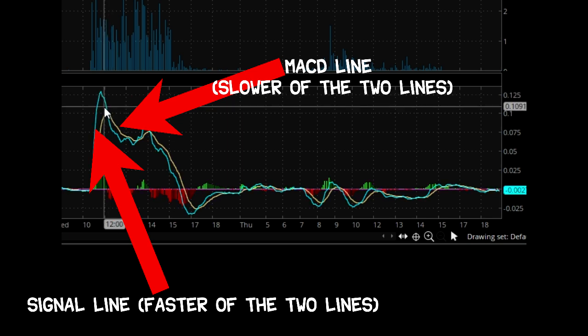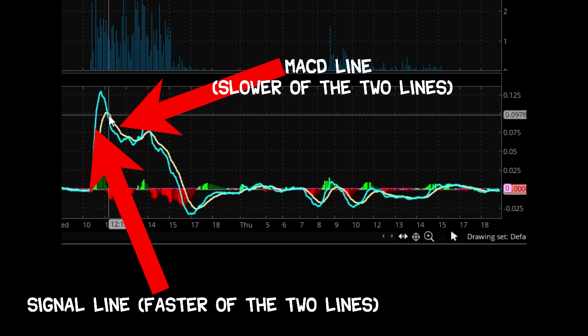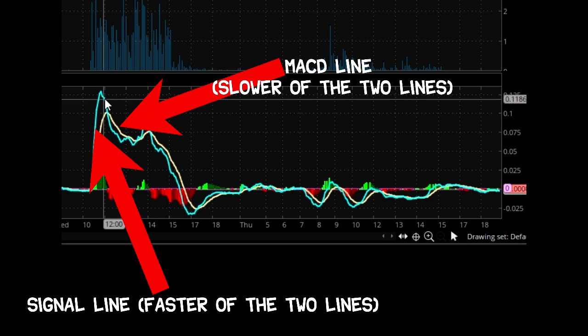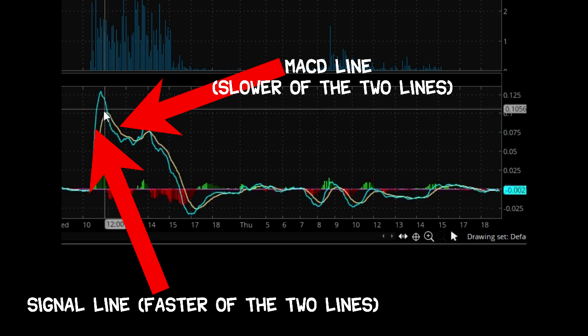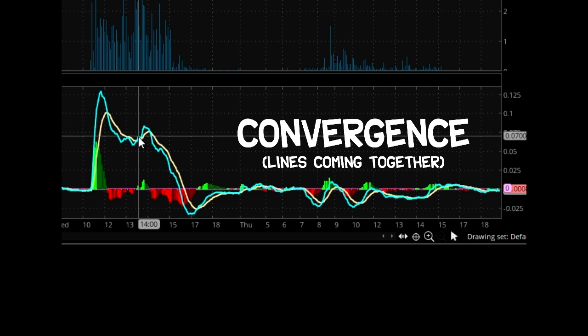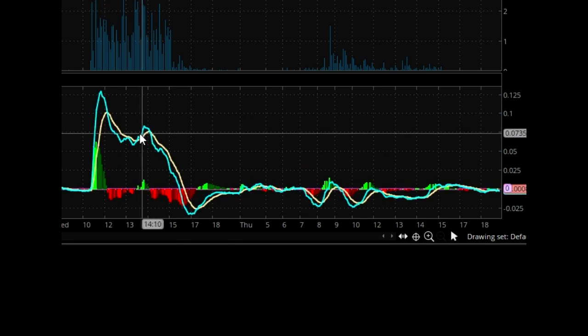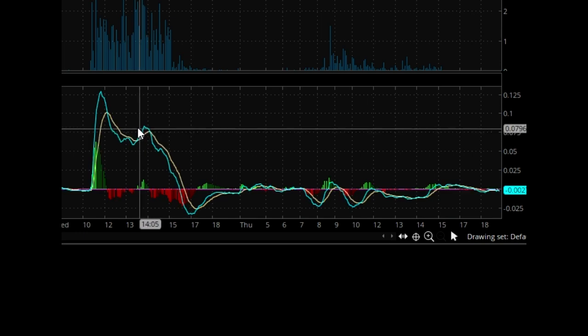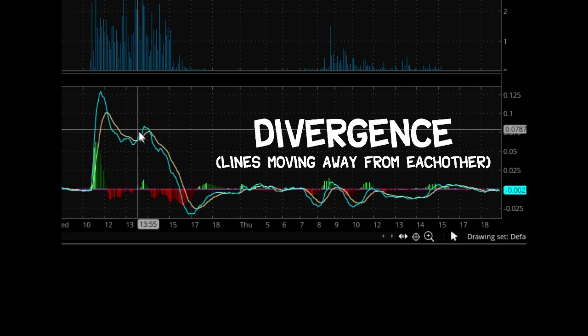And when the signal line crosses the MACD line right here, that is considered a convergence because the lines are coming together. And right here, when the signal line is moving away from the MACD, that is considered a divergence because the signal line is moving away from the MACD.